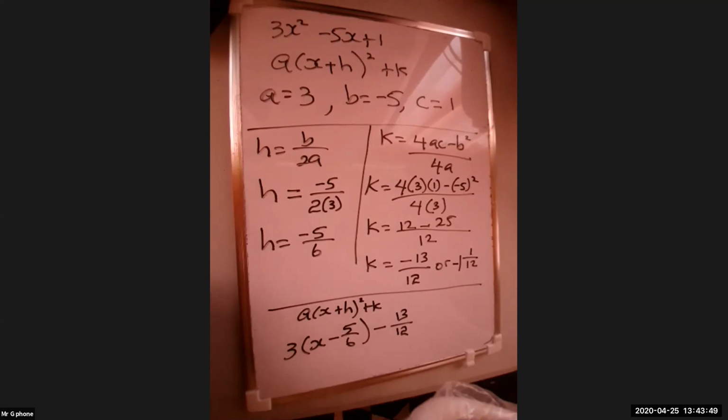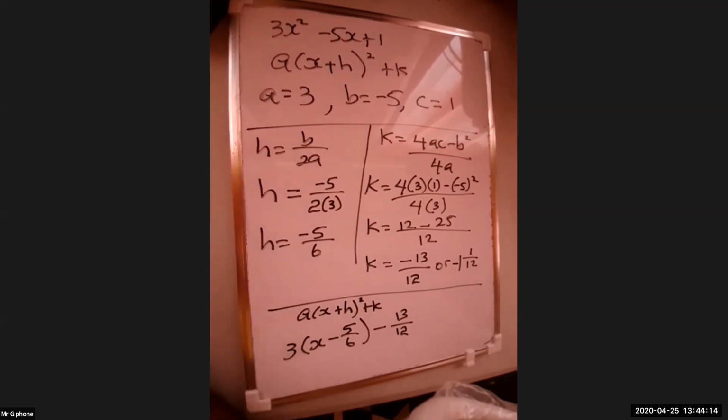And the other part of the question, what was it asking us? The minimum value of f of x. So the minimum value is always the minimum value of f of x and the value of x. Okay, so basically they're asking us for the coordinates. The minimum coordinate, right?